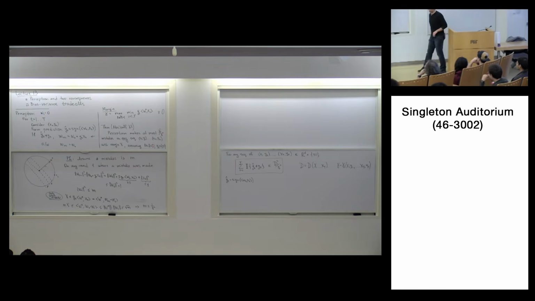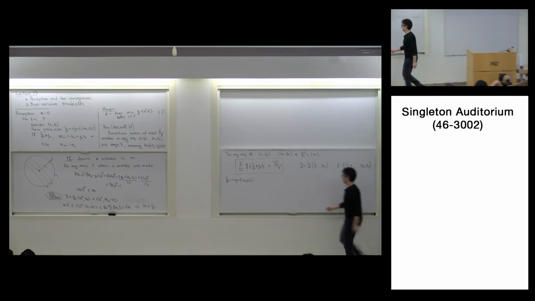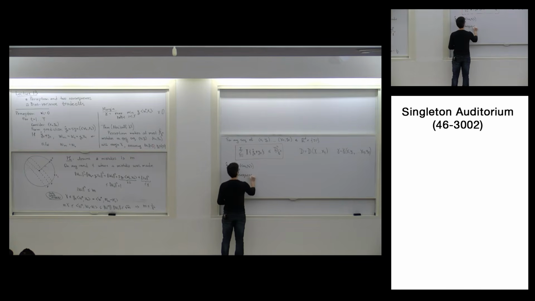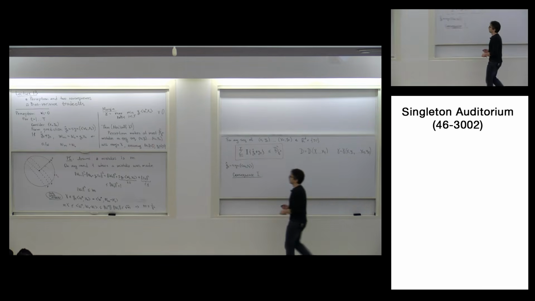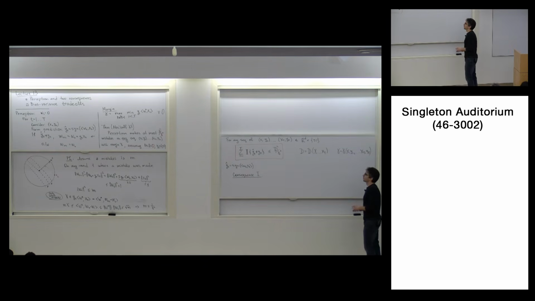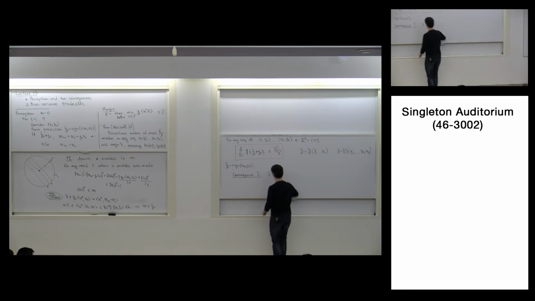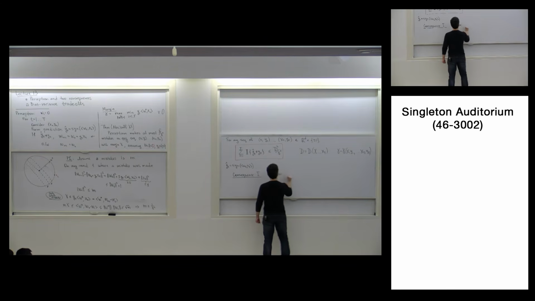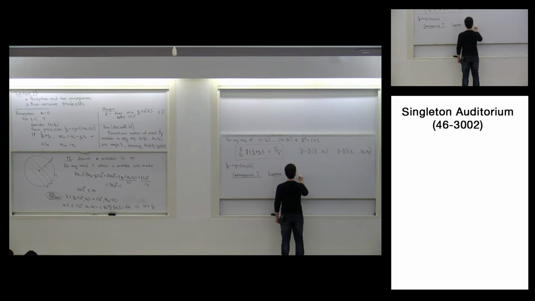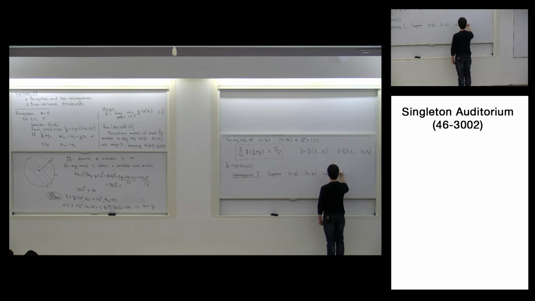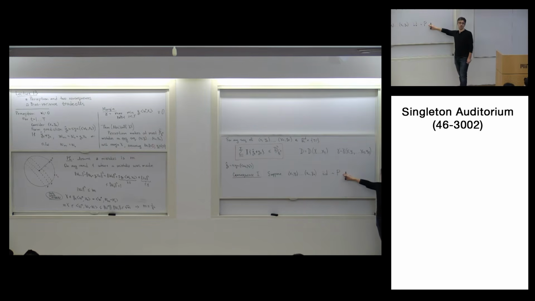Okay, consequence number 1. So now suppose (x_1, y_1), ..., (x_n, y_n) are IID from some distribution P. After all, this is the setting we're interested in, right?